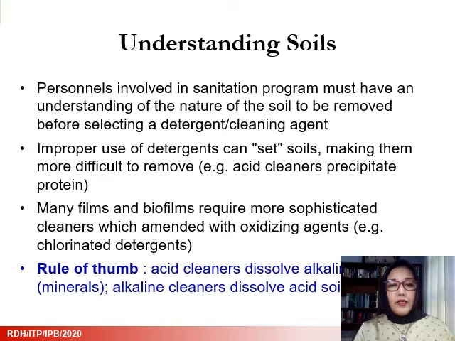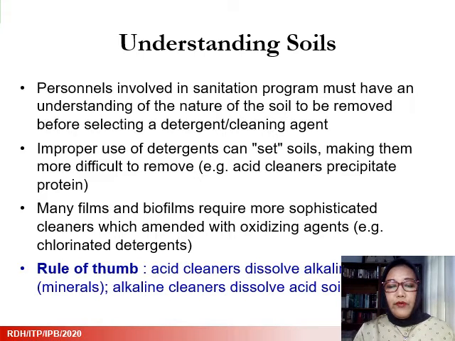If you are a person responsible for developing a sanitation program in a food industry, you must have a good understanding of the nature of the soil. Improper use of detergent can set soils, making them more difficult to remove. For example, if you use acid cleaners on protein soils, you may end up making the protein soil denature and more difficult to clean.